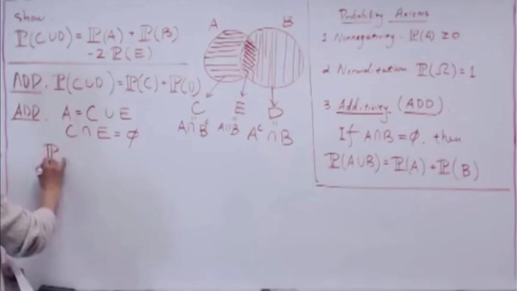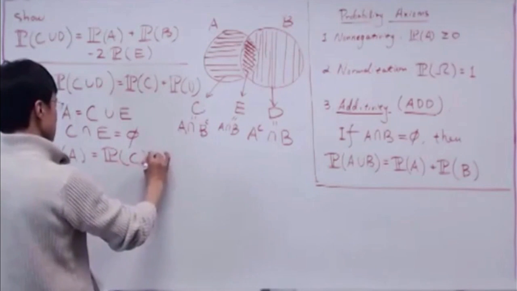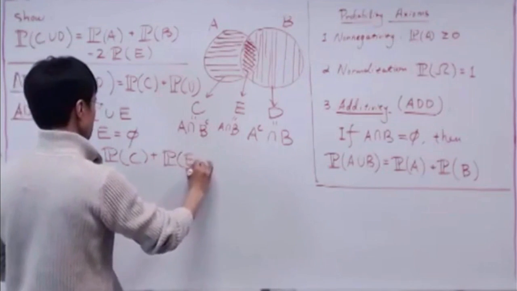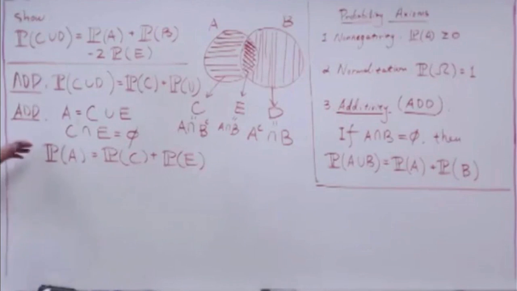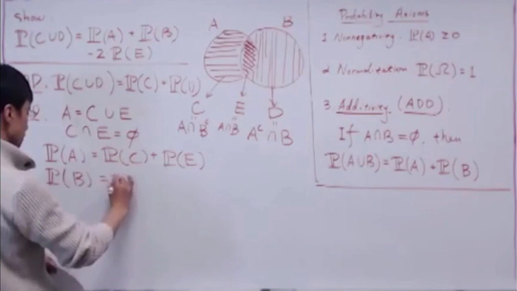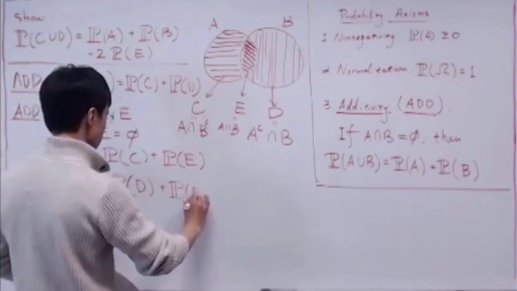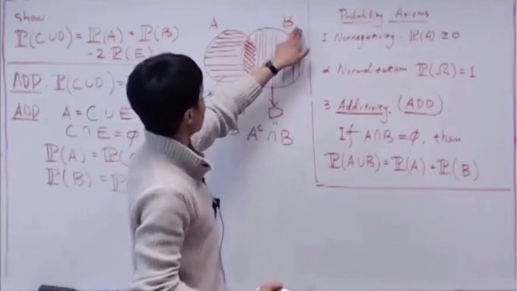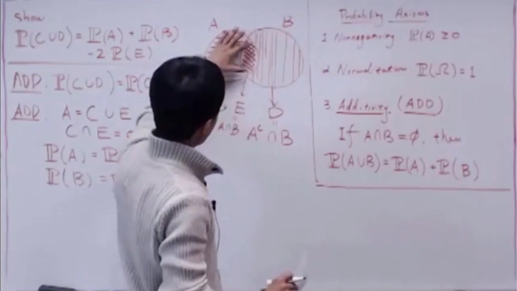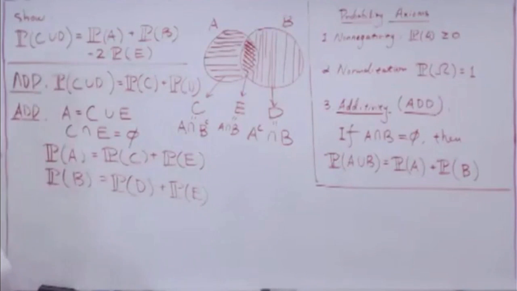Therefore, the probability of A is equal to the probability of C plus the probability of E. Similarly, the probability of event B can also be written as the probability of D plus the probability of E, because event B is a union of D and E, which are disjoint from each other. So we again invoke the additivity axiom.